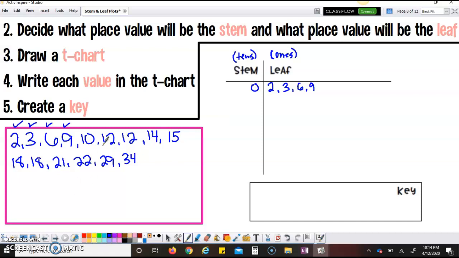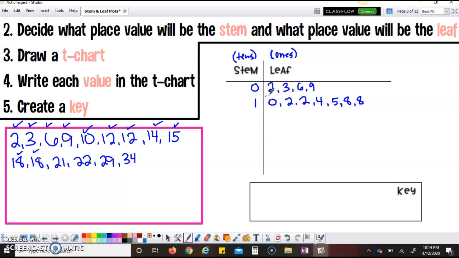Okay, so now we've got 10 through 18, which have a 1 in the tens place. So our stem is going to be a 1, and then we're going to add a 0 for 10, a 2 for 12, another 2 for the other 12, a 4 for 14, a 5 for 15, and 2 8s for the 2 18s.